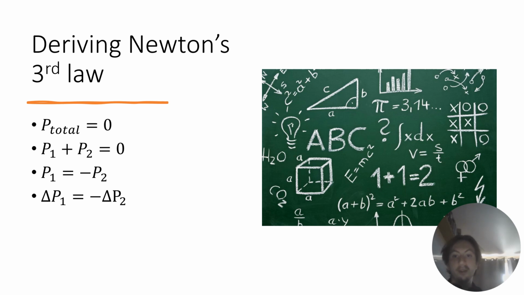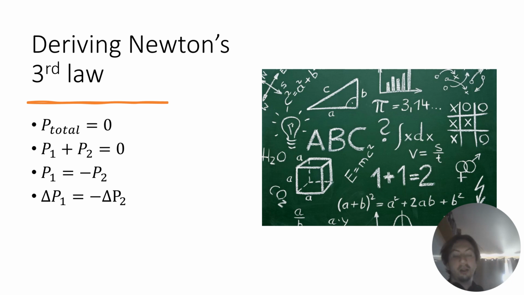So we get the momentum of the person when they push off the boat is equal to the change in momentum, where the change in momentum is the momentum they had before pushing off the boat compared to the momentum they have when they push off the boat. And we can say a similar thing for the momentum of the boat.